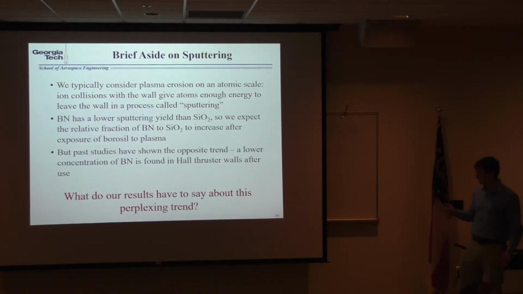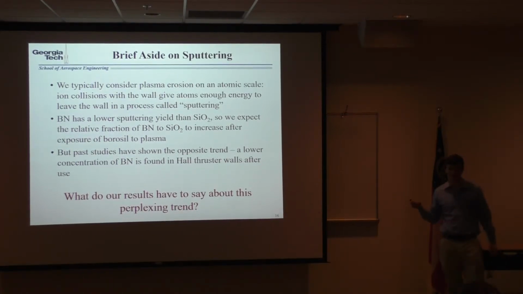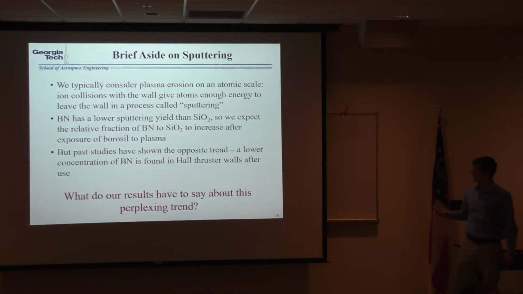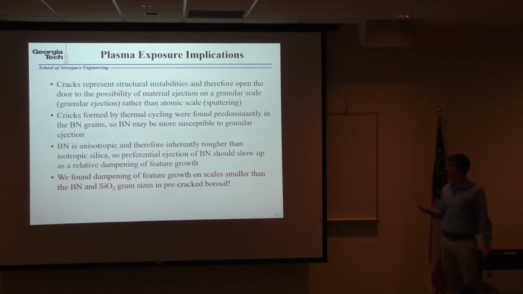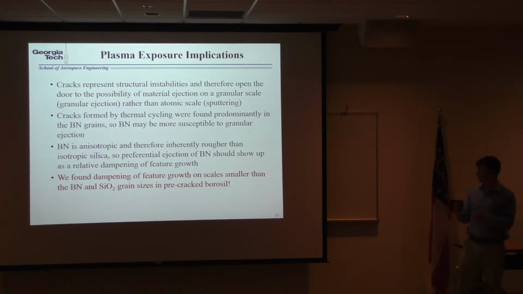Unfortunately, past studies in our field have found the opposite trend, and actually boron nitride seems to be sputtering faster, potentially, than the silica. That's really weird. The question is, what might our results have to say about this perplexing trend? A crack can be thought of as a structural instability, and if you have a structural instability, you open the door to material ejection happening on a granular scale as opposed to an atomic scale.